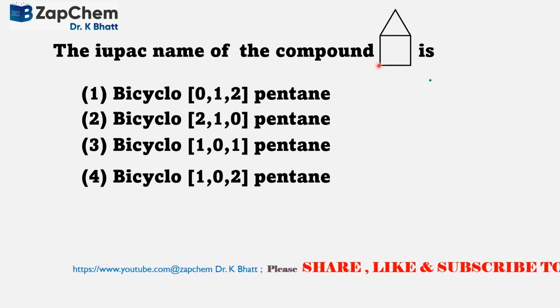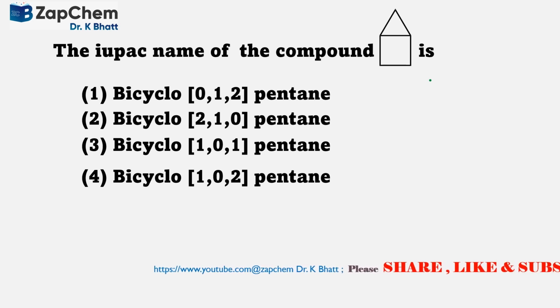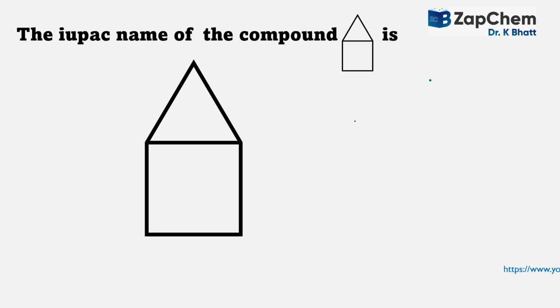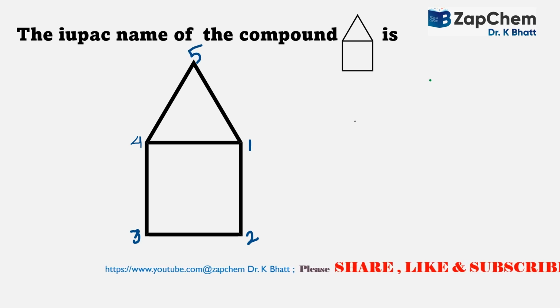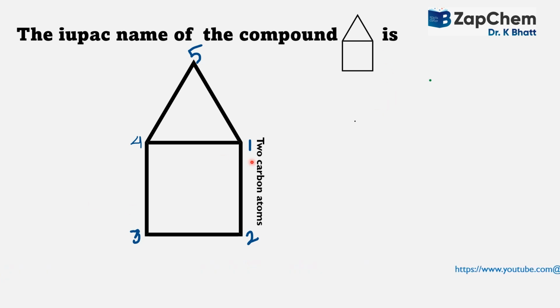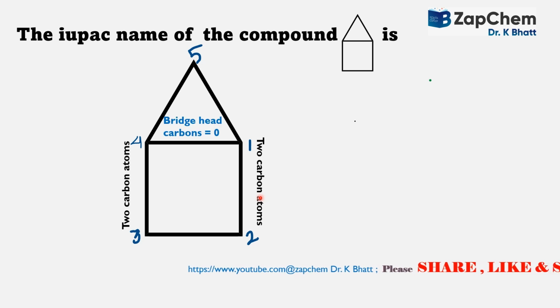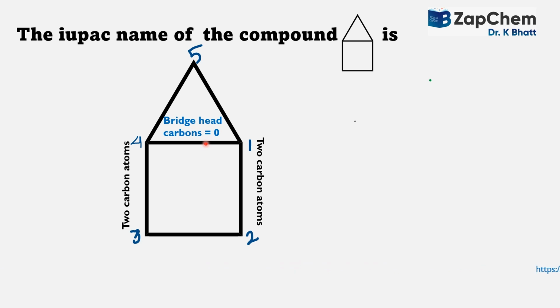Of course, it's very clear there are common points here, and in these common points, if you number it, it becomes 1, 2, 3, 4, and finally 5 carbon atoms are there. Therefore, it is a pentane, and 2 carbons on one side, 2 carbons on the other side, and in the bridge no carbon is there, it is 0.